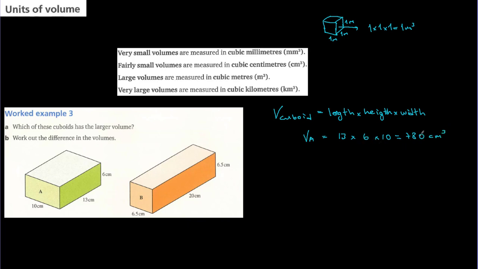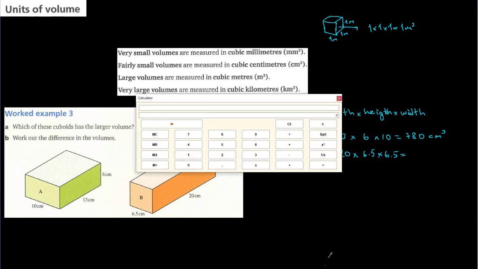All the units, as you see, are centimeters. That's why the volume of B is 20 times 6.5 times 6.5, since the length here is the same, 6.5.